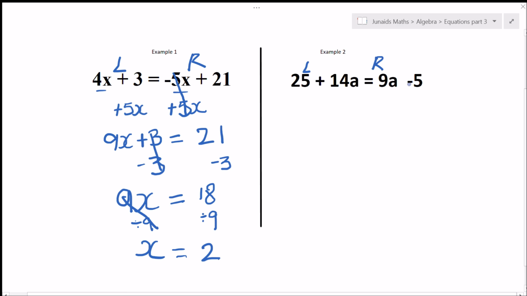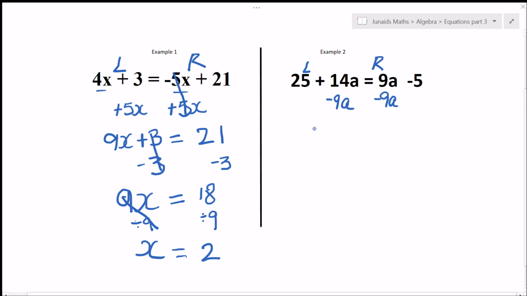Because this is a positive number, this is a minus 5, this is a positive 9a, we will do minus 9a. And do the same on the left hand side.